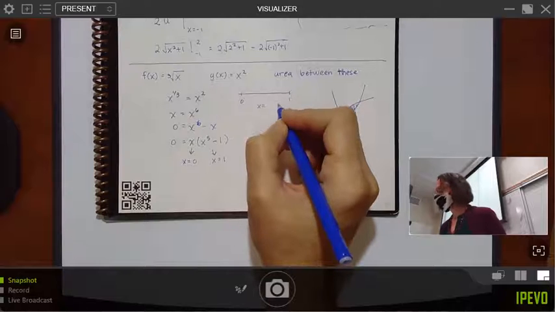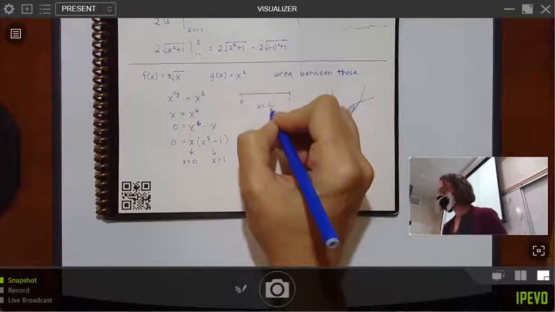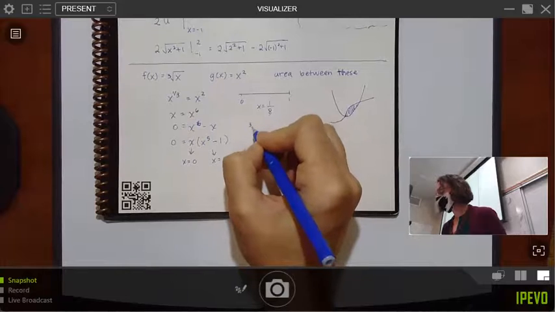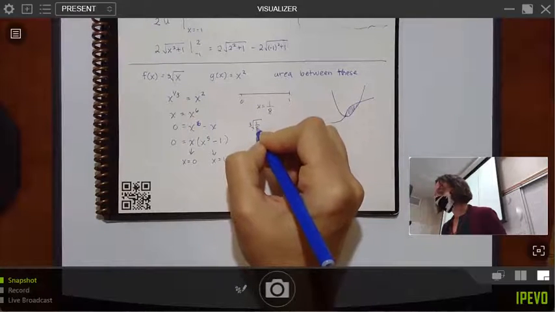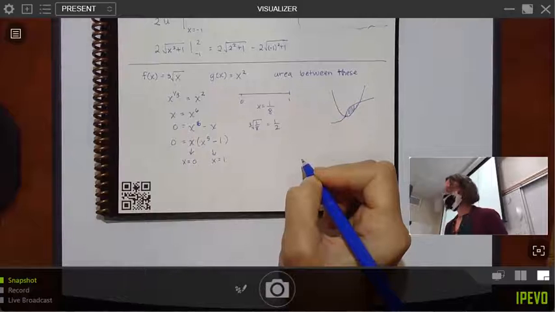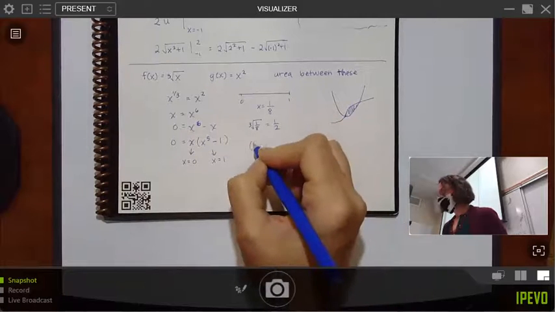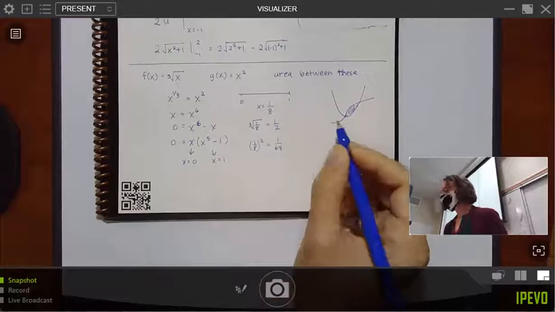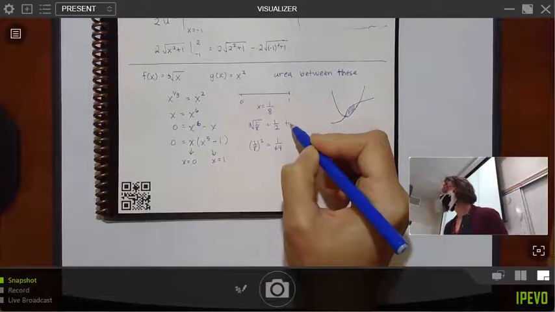Great, I pick fractions. And I'm going to pick 1/8 because that's the only thing I can think of that I can take the cube root of. And 1/8, if I square it, I get 1/64. So guess what? We were right. This one's on top.